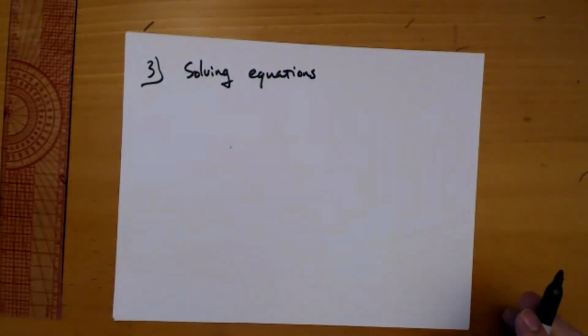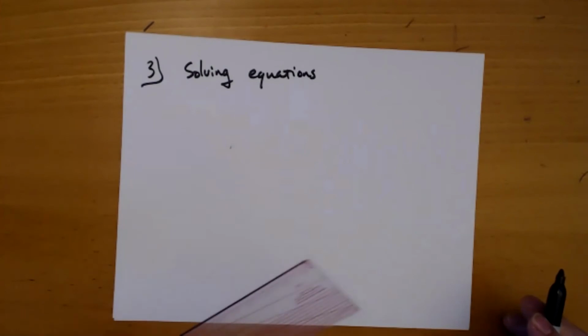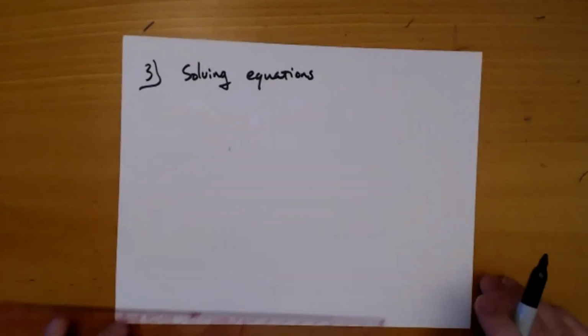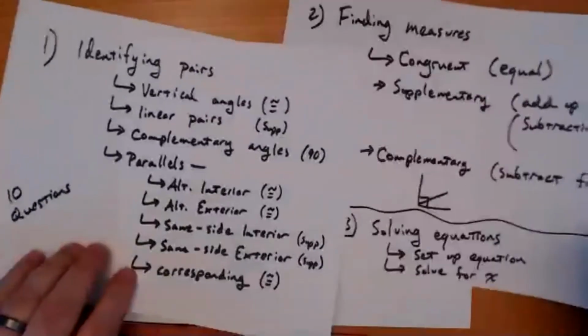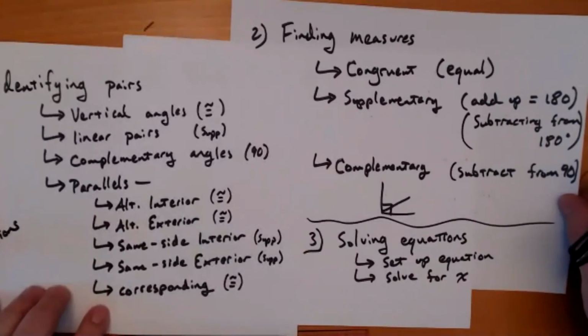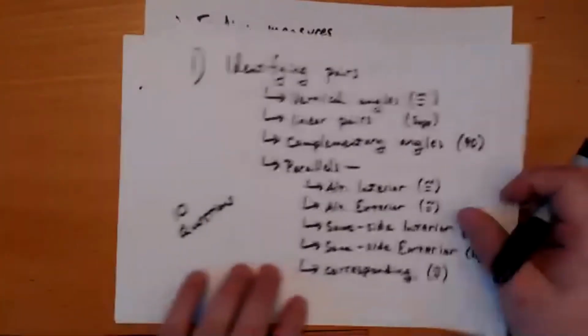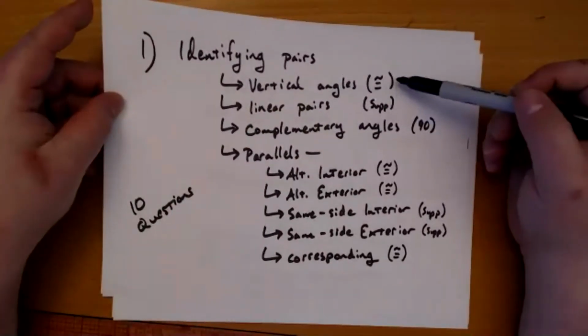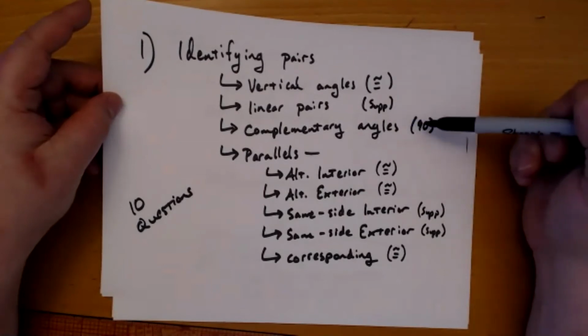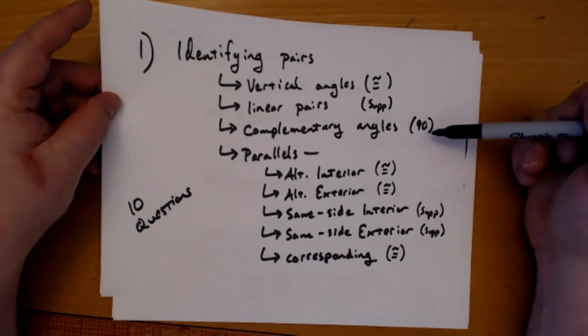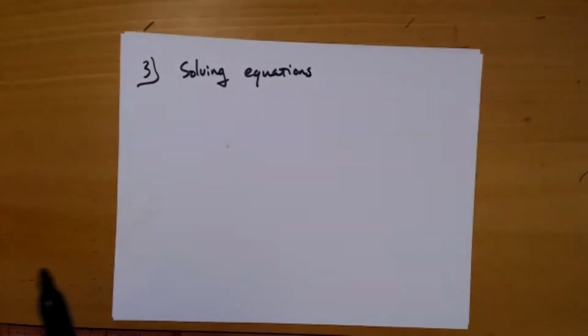If we go back to the stuff we talked about in the beginning, these two slides, the idea is you're either equal to each other and then you solve an equation, or you add them up and make it equal to 180, or you add them up and equal it to 90. Let's talk about that.